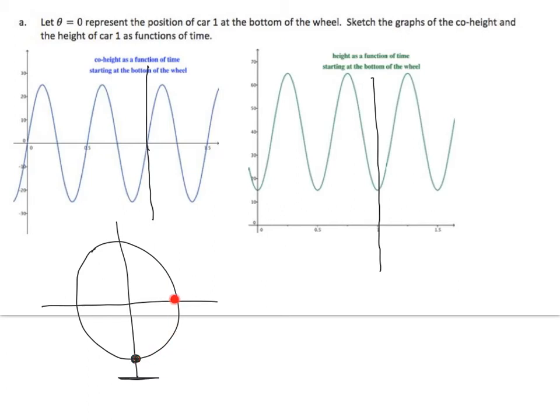At a quarter of a minute, we're up here. So at 0.25, we're also at a co-height of 0. Let's write that down, 0.25 minutes. And we would also be back at 0.75 minutes.